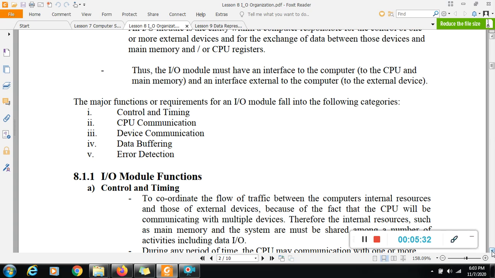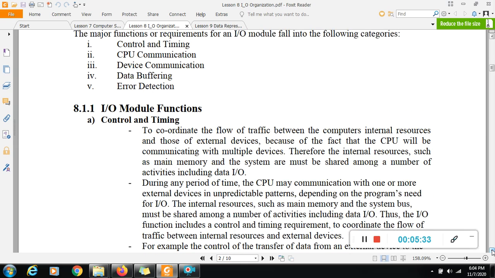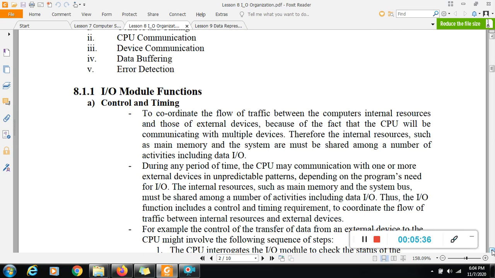So when you talk of control and timing, then I've already explained the part to do with CPU communication. The IO connects the external device with the CPU, or what we call the bus, and of course it communicates with the external device. So number 2 and 3 are taken care of. Data buffering, I've explained it, and you know about the data cards.